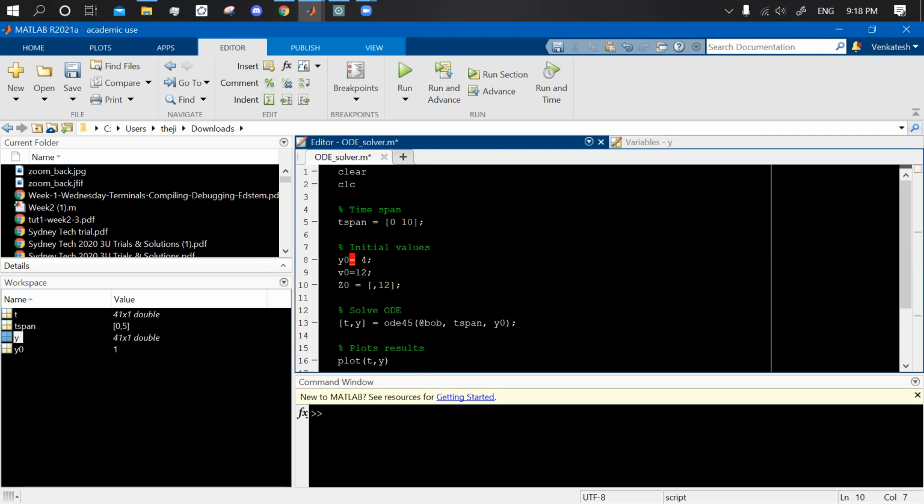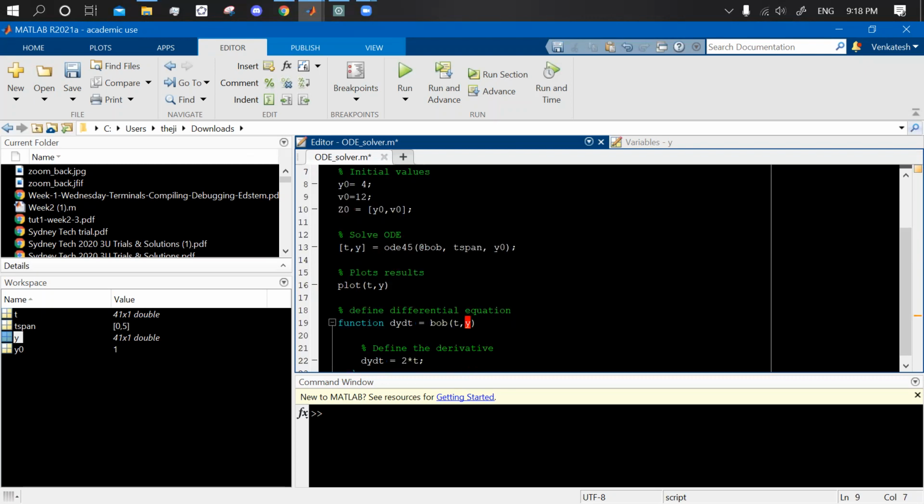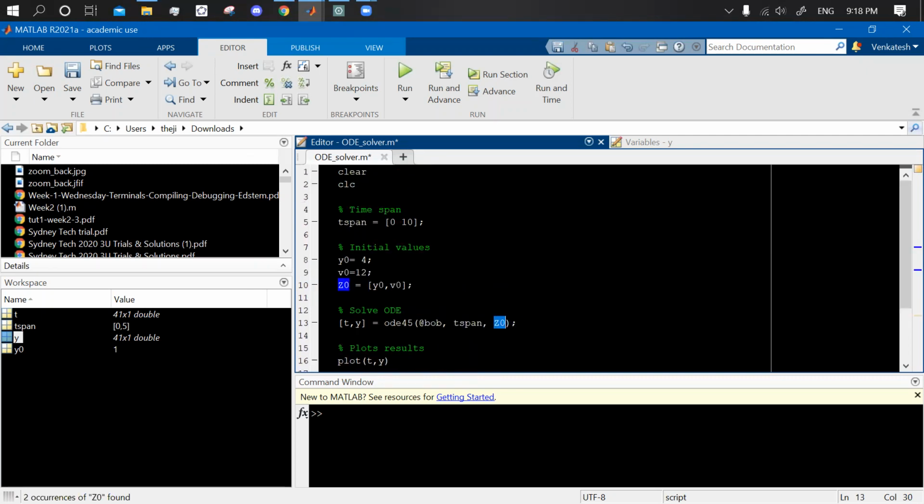Then I can just call this y naught and v naught. This is just in general better coding practice because you can sub things in over here. Honestly, a personal preference. So this is our initial values that we're subbing in, and we've got our time span.